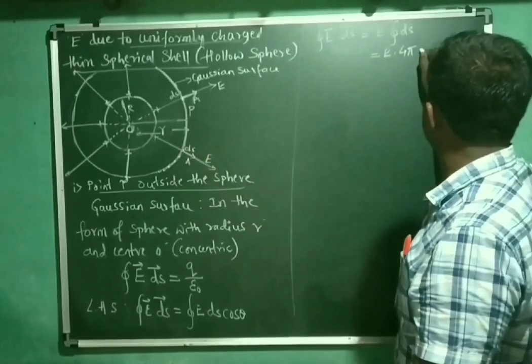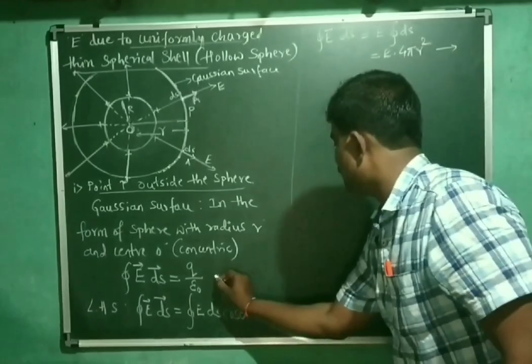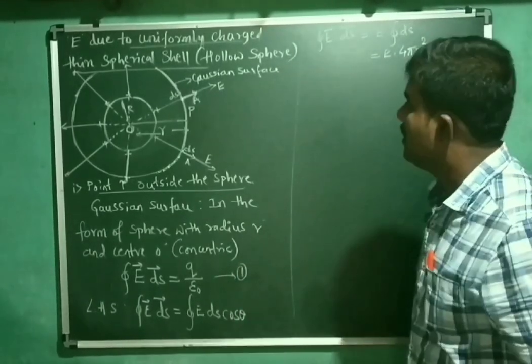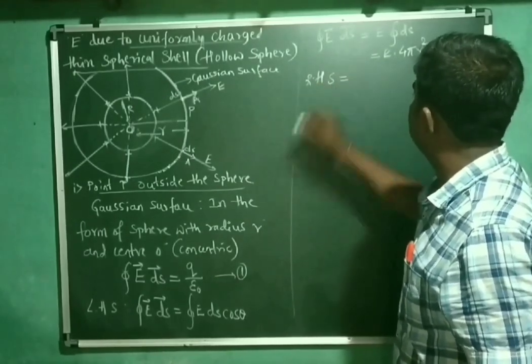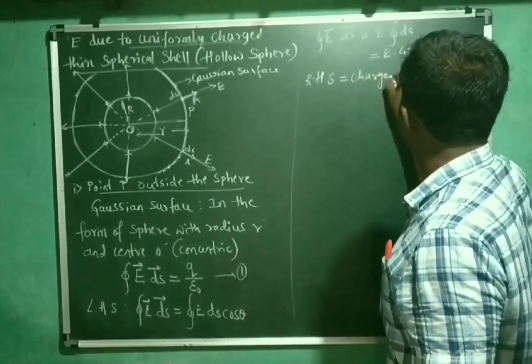R is the radius. So let us call it equation number 1, and this is equation number 2. Okay, and the RHS part: the charge within the Gaussian surface.